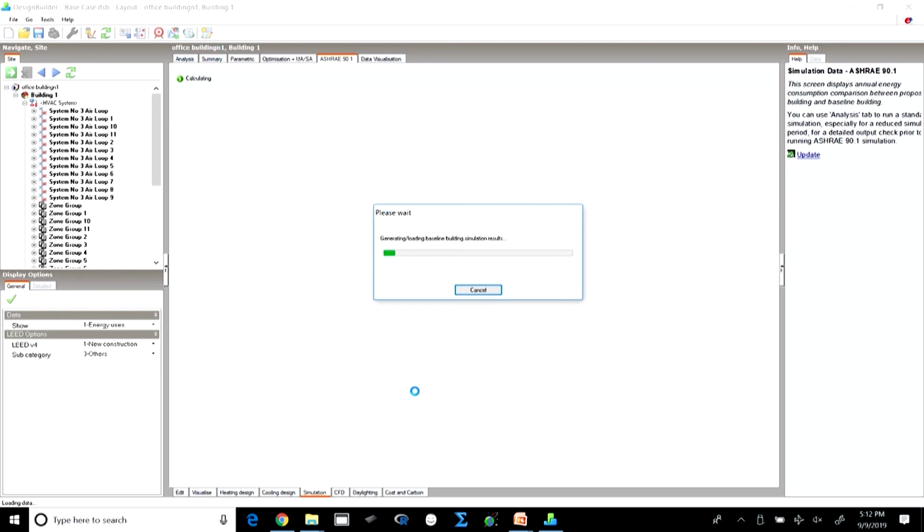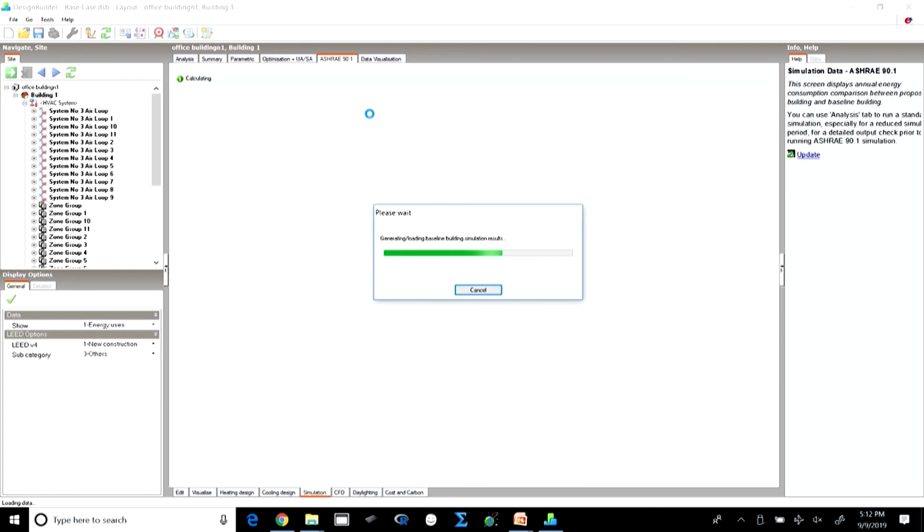It will give us a summary of the results on the basis of this ASHRAE 90.1 baseline building method, and once we have simulated the base case along with the proposed case, it will also give us a comparison of the base case and proposed case here. So, we will quickly have a look at this, and then we will be done with our base case simulations.